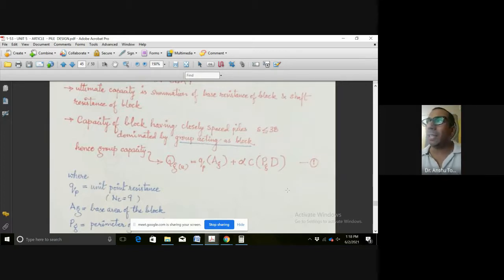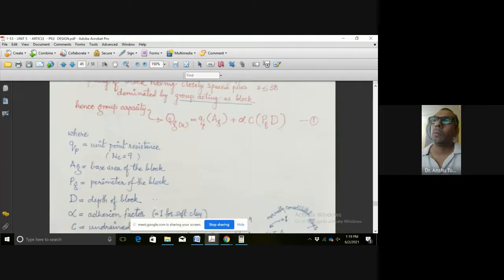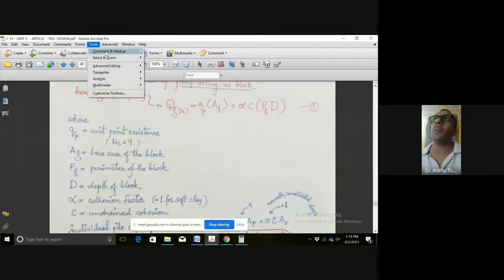Now here you can see QPAG. Earlier we were finding the area of the individual pile. Here we will be finding the area of the block of the piles, which is called the base area of the block.